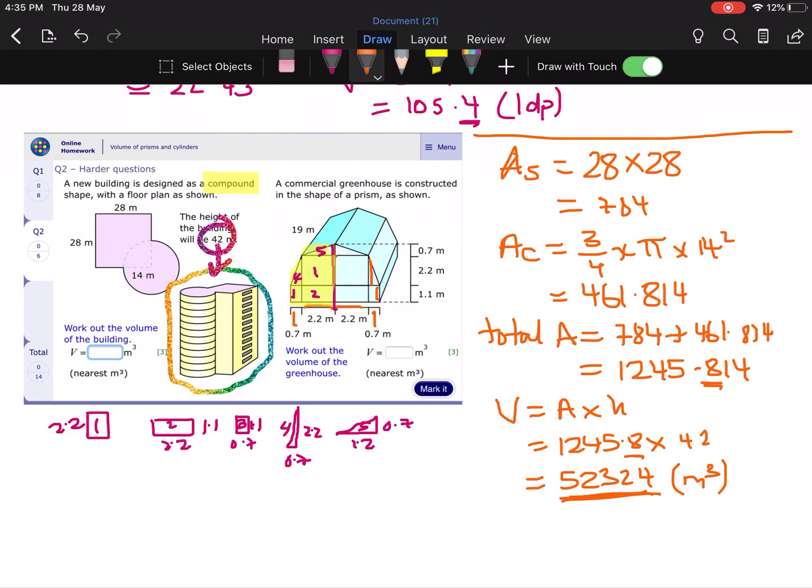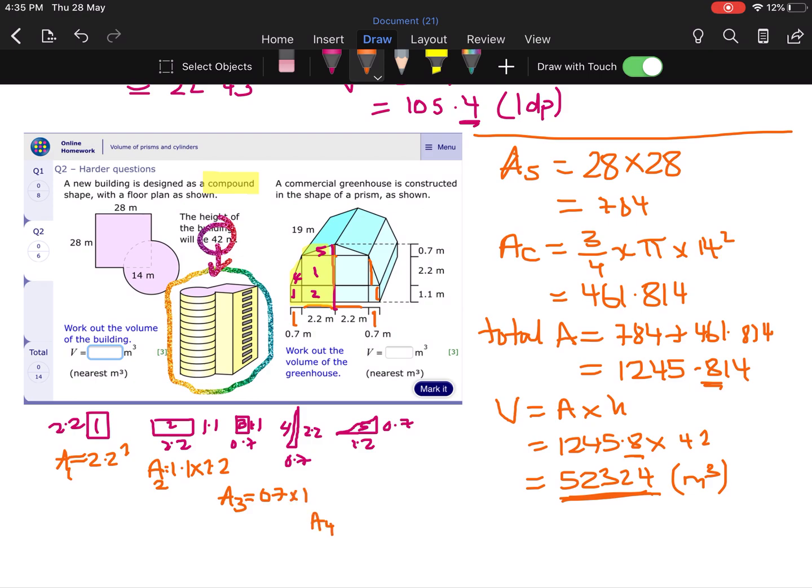Right, first one's a square. So the area of this is 2.2 squared. This is a rectangle, so the area of this is going to be 1.1 times 2.2. So that's the area of 1, that's the area of 2. The area of 3 is another rectangle, 0.7 times 1.1.